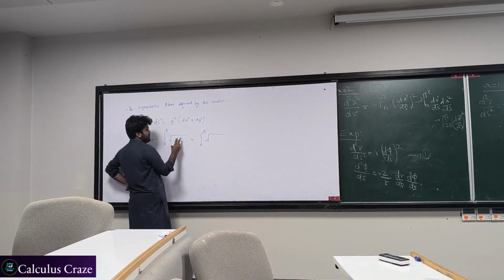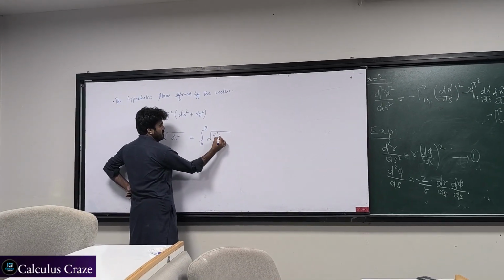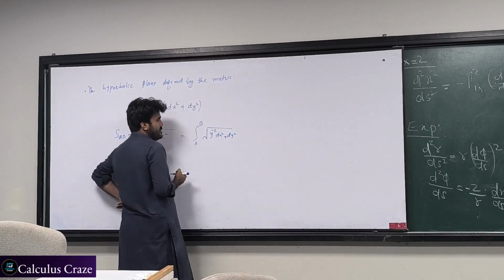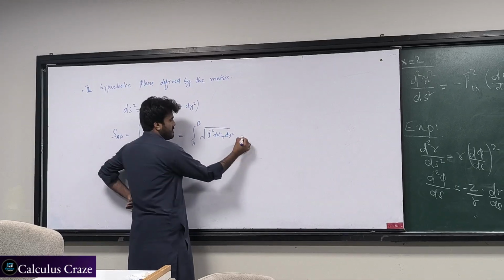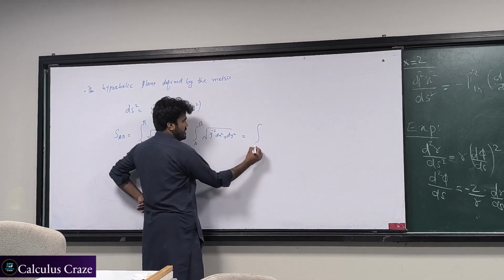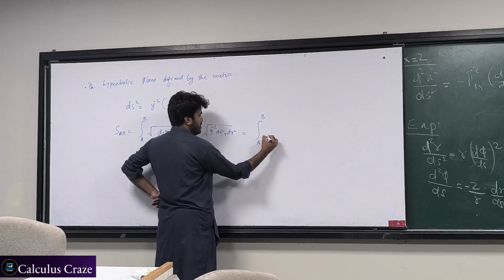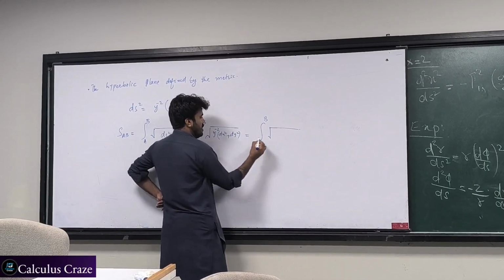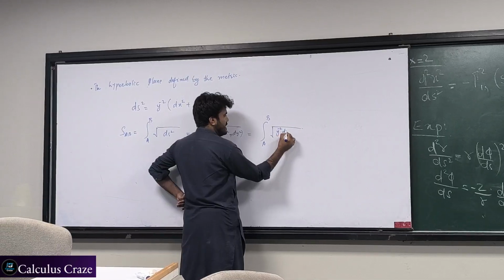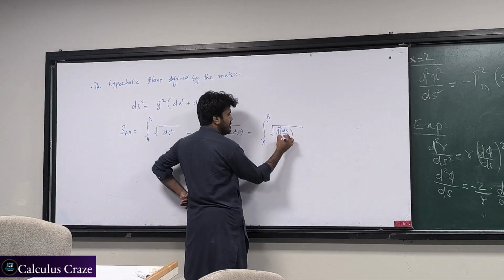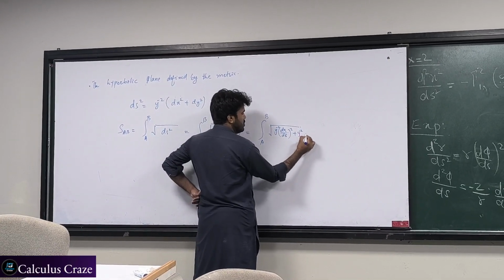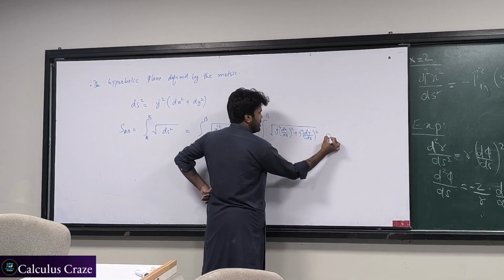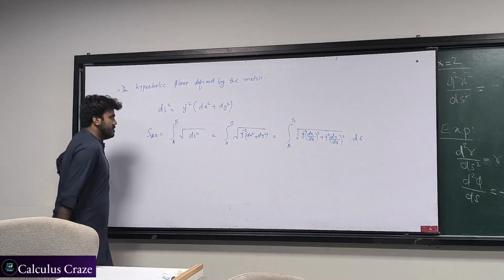I'll put the value of the line element, y to the minus 2 times dx squared plus dy squared, and by multiplying and dividing with d sigma I can convert this into y to the minus 2 (dx by d sigma) squared plus y to the minus 2 (dy by d sigma) squared, d sigma. So what is going to be my Lagrangian L?